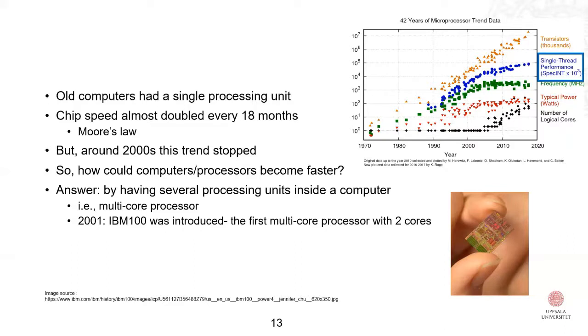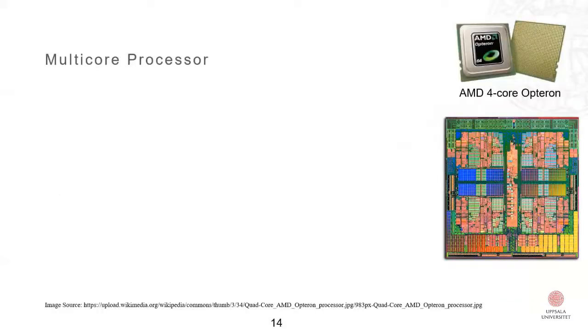By that time, computers were using only a single processing unit. But what was introduced during that time was multi-core processors. For example, in 2001, IBM introduced its processor called IBM 100, which had 2 cores. Cores are processing units.